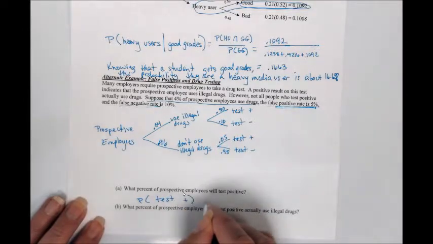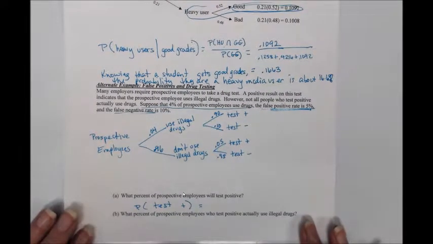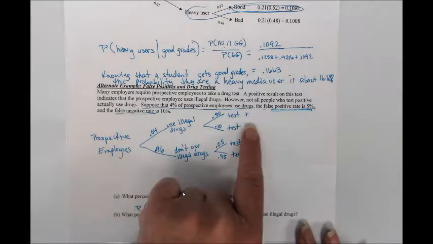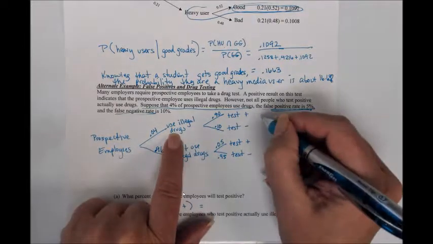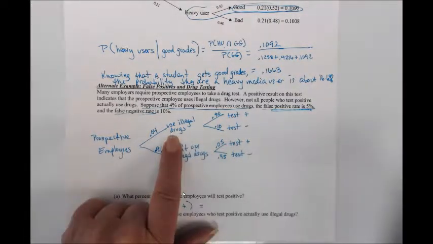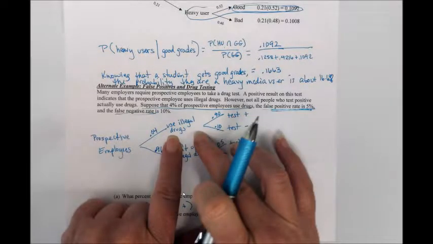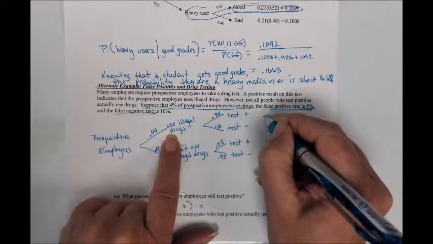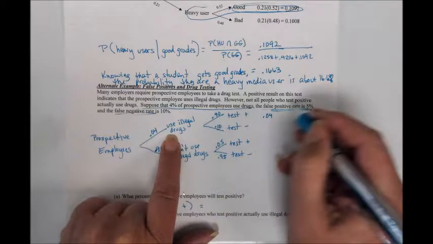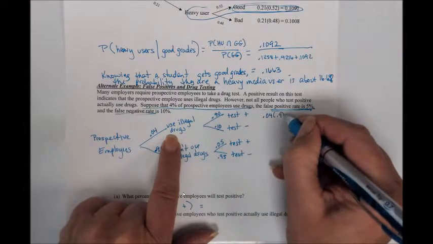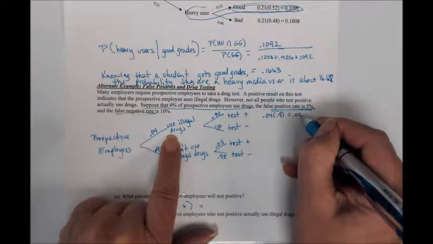So we want to know what percent test positive. If I want to know the percent that test positive, it helps me to figure out what this is. So this is using and test positive. Again, I'm going to just multiply by branches. 0.04 times 0.9 gives me 0.036.